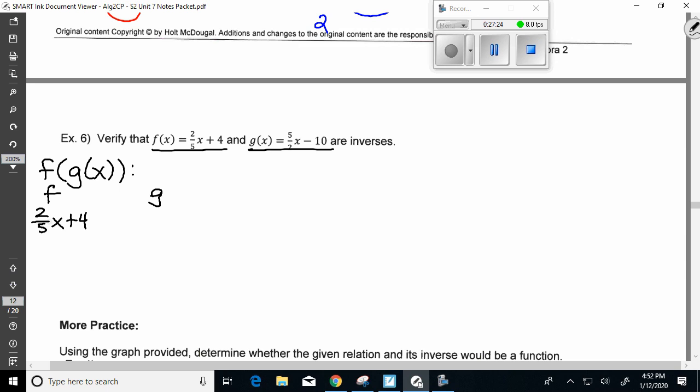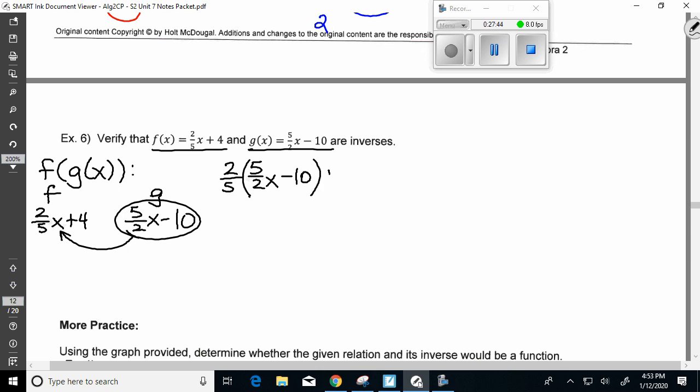The g function is 5 over 2 times x minus 10. Take g, plug it into f. So that's your first step. 2 over 5 times 5 over 2x minus 10, plus 4.